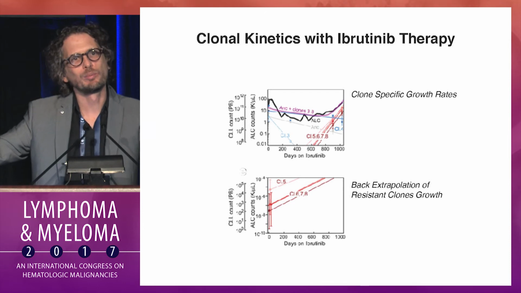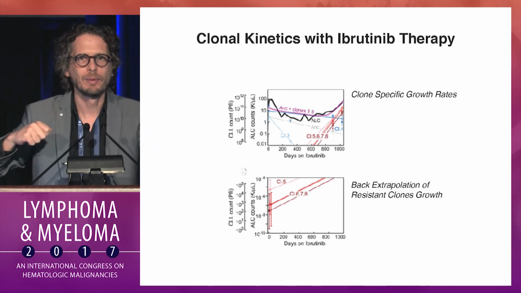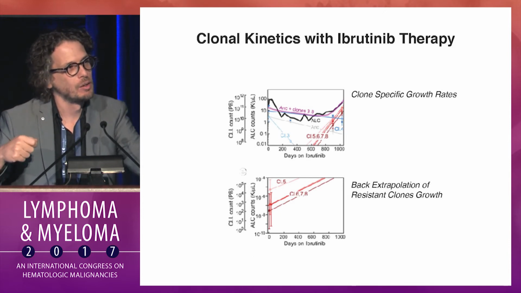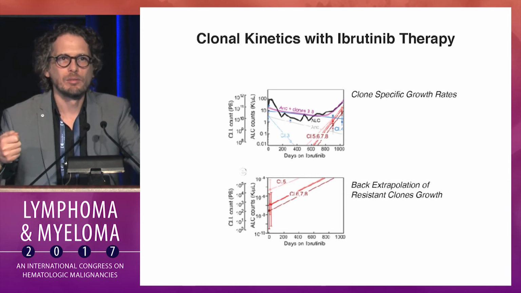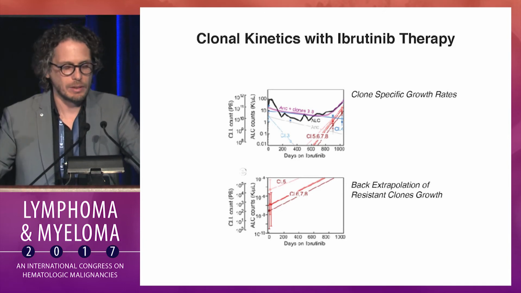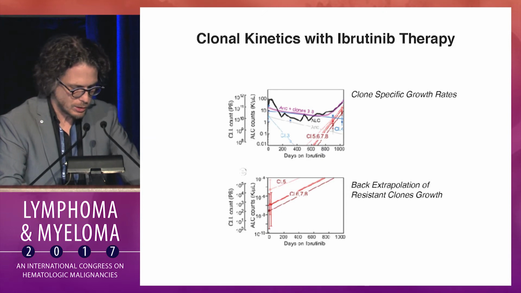Once we have the growth rate, we can back extrapolate in time and ask the fundamental question: when we see resistant variants, are they already pre-existing in the patient's circulation before they receive the first dose of the drug?